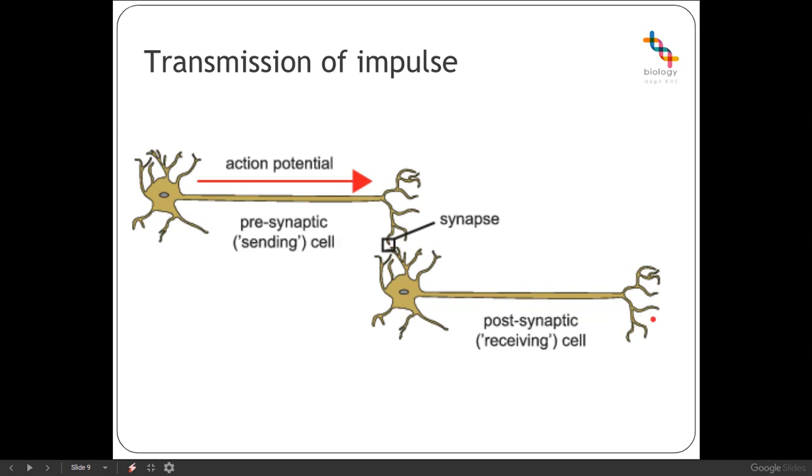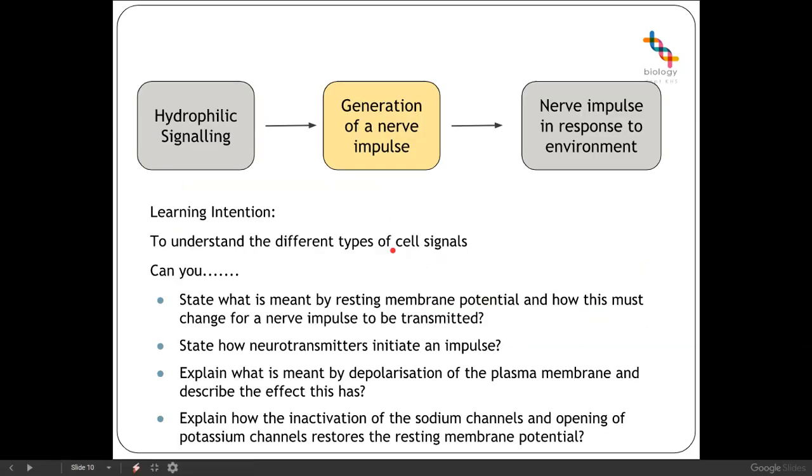So just like the picture we looked at the very beginning, you saw those neurotransmitters being able to come across that synapse and stimulate a response in the next cell. So there you go, that is the transmission and generation of a nerve impulse.